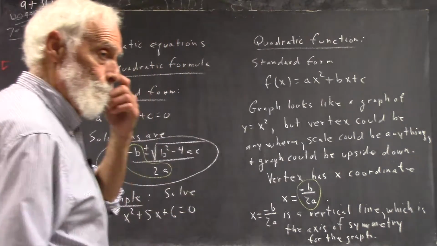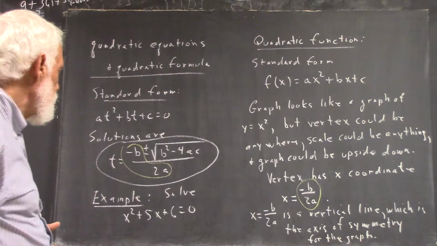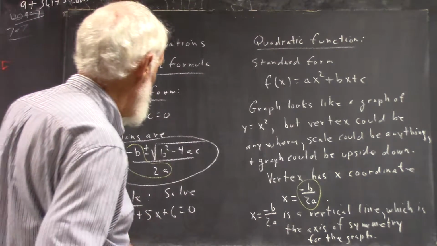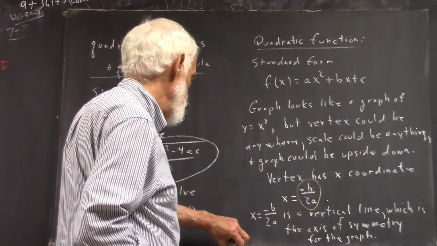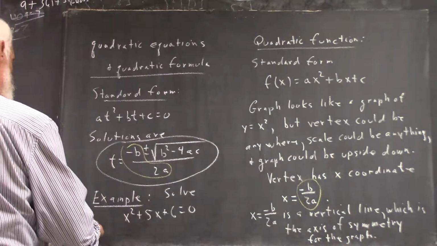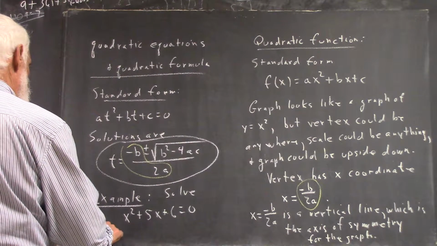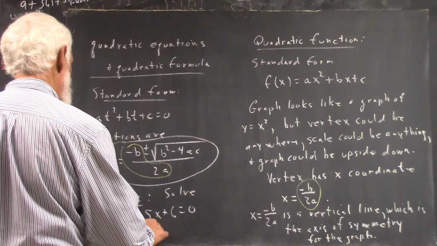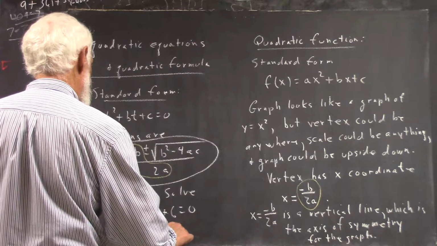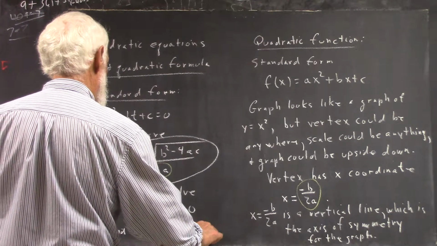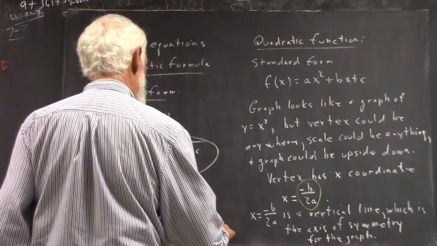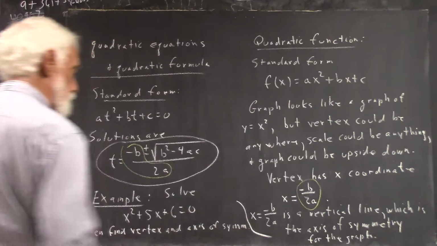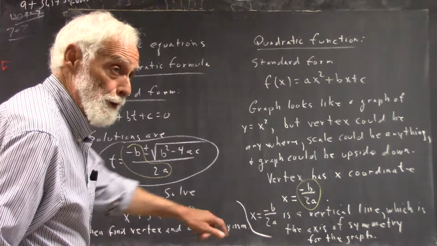Okay? So first, what I want you to do is solve this. Then find the vertex. I'm going to write out the whole word symmetry, but it's an abbreviation of symmetry, right?